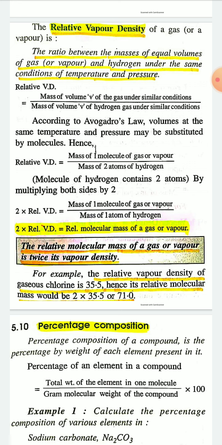You know that the molecular weight of chlorine gas Cl2 is 71. The atomic mass of chlorine is 35.5, just remember. So the molecular mass of a chlorine molecule is 71, and vapor density is molecular weight divided by 2. So the vapor density of chlorine gas is 35.5.